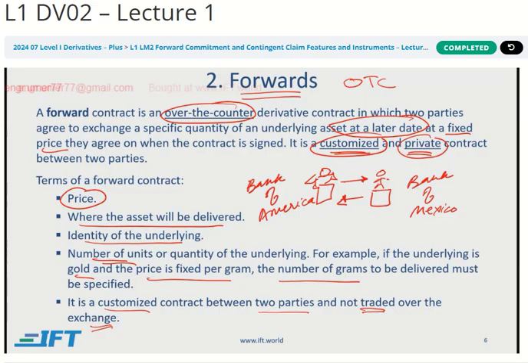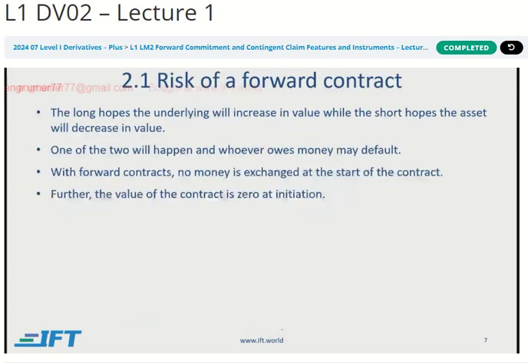One very important point here is that there is possibly counterparty risk, which means if, for example, Bank of Mexico doesn't want to pay, then Bank of America can face the risk of the counterparty defaulting. So here is the risk of a forward contract: the long hopes that the underlying will increase in value.